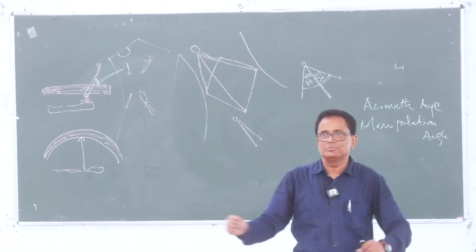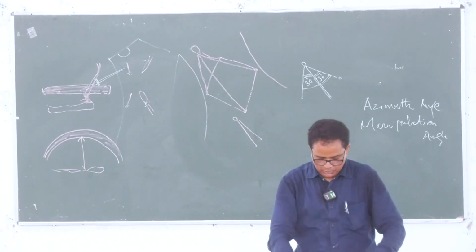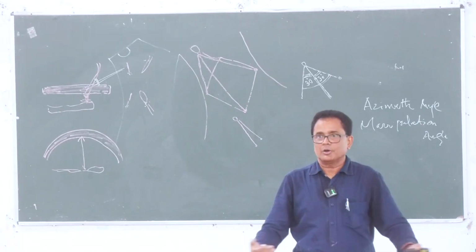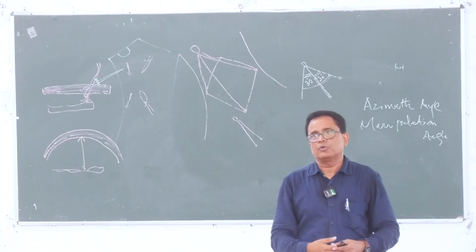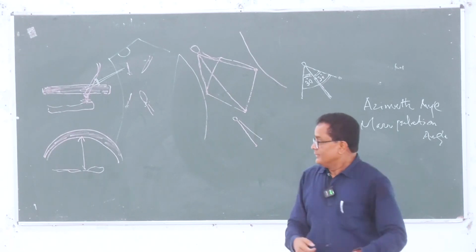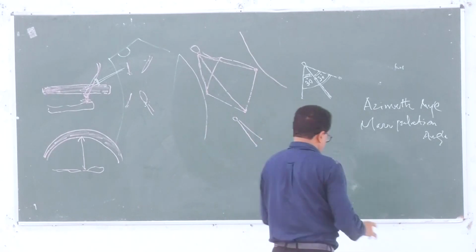You need to constantly move your hands. But if you put it very low, like parallel, then you can't operate. So the elevation angle should be around 45 degrees. That gives you a good picture.